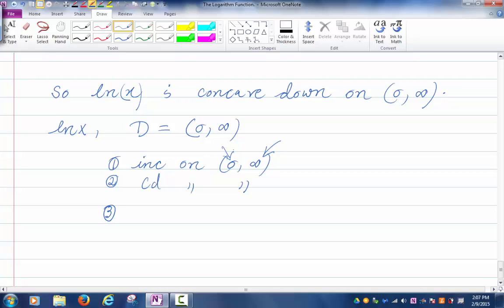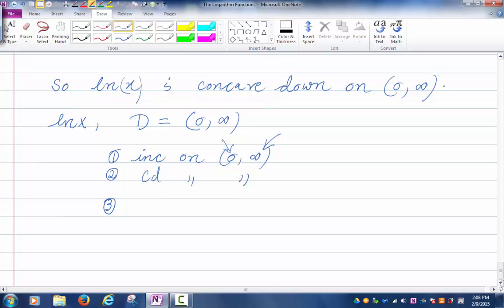So we want to know as x goes to infinity, what is happening to the value of ln x? Is it going to infinity? Is it approaching a number? And what happens as x goes to 0 from the right side, because it doesn't make sense to ask what happens to the limit of ln as x goes to 0 from the left, because it's undefined there, right? So we need to know the limit as x goes to 0 from the right of ln of x.